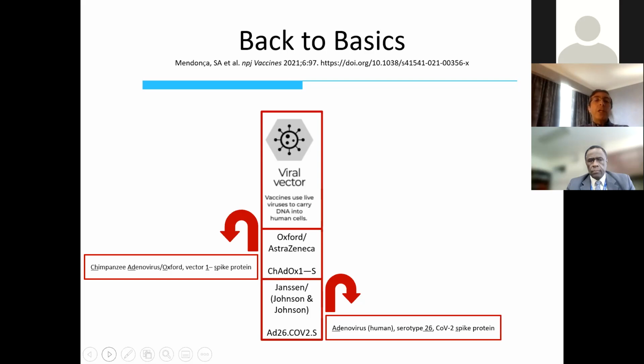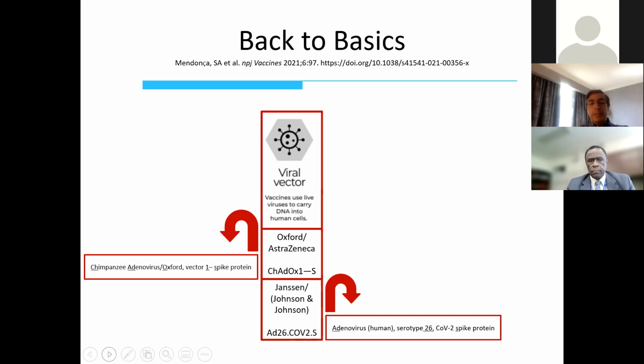These are adenovirus or recombinant chimpanzee adenovirus developed at Oxford, the vector 1, there was a vector 2, against the spike protein, which will cause the host, the recipient of this vaccine, to develop antibodies against the material introduced by the chimpanzee adenovirus in the case of the ChAdOx, or the recombinant adenovirus human-based serotype 26, hence the names that hopefully clarify what those terms refer to against the same spike protein.